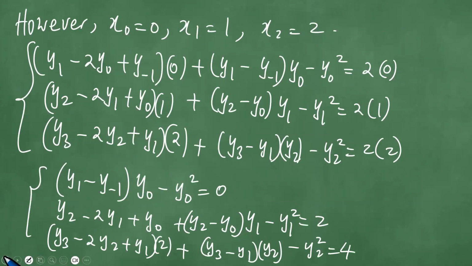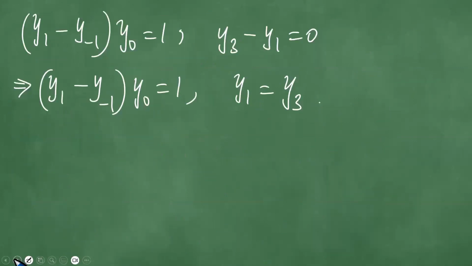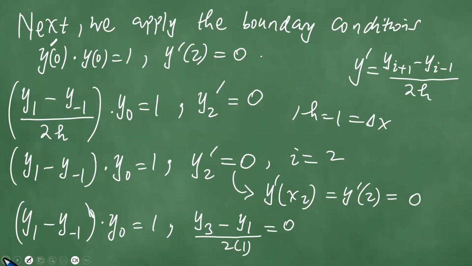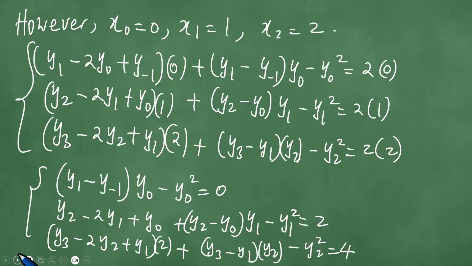Okay, let's check the usefulness of this here. This one is 1, so we're going to substitute this by 1, and then we shall be able to get the y0. And then now, anything else? y3 minus y1 is 0, which is going to further simplify some of these equations.